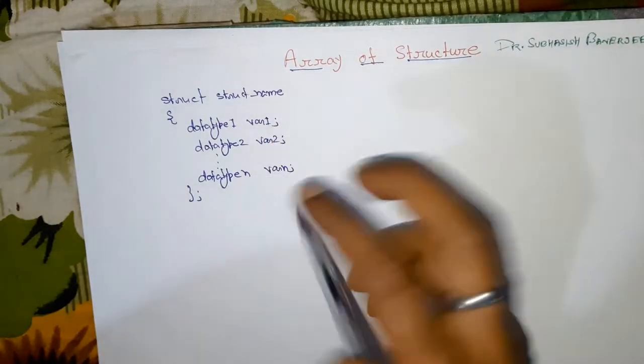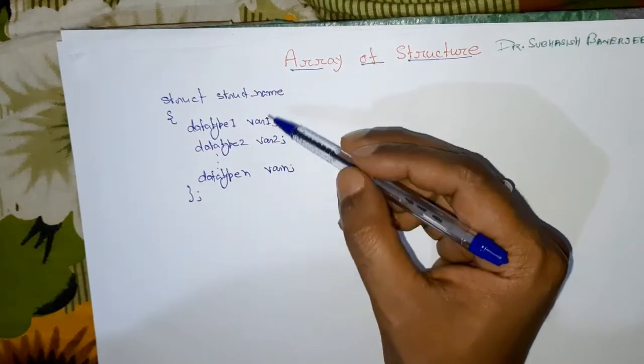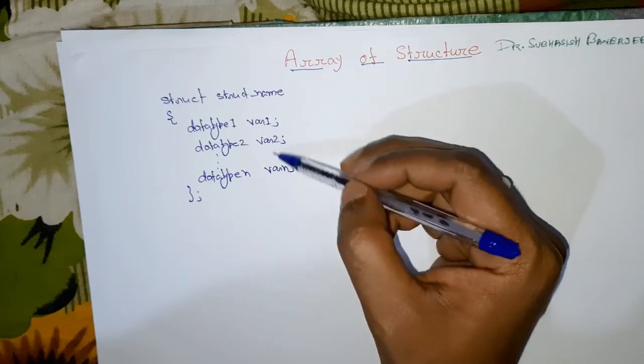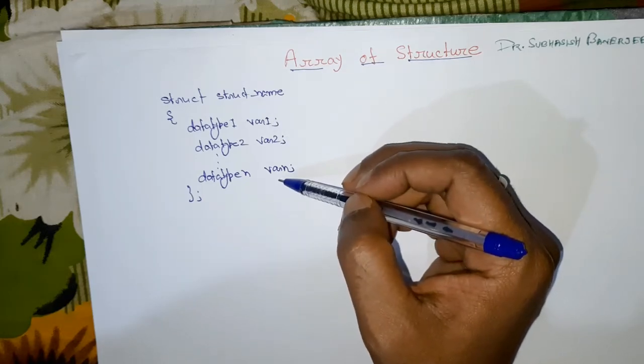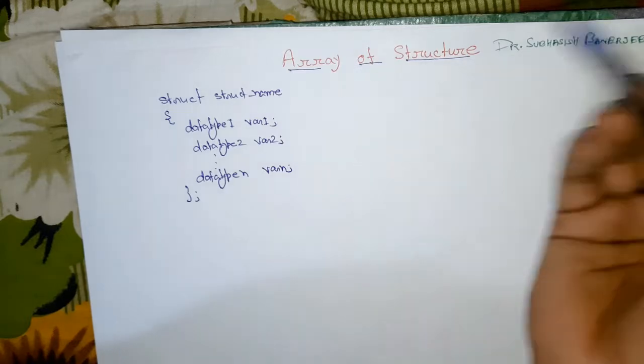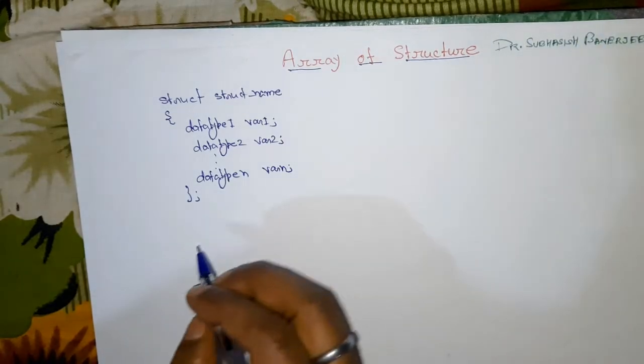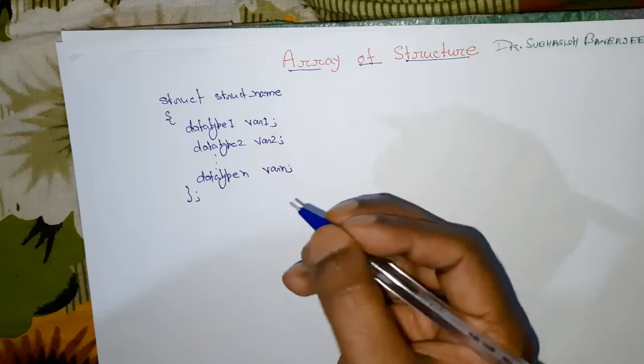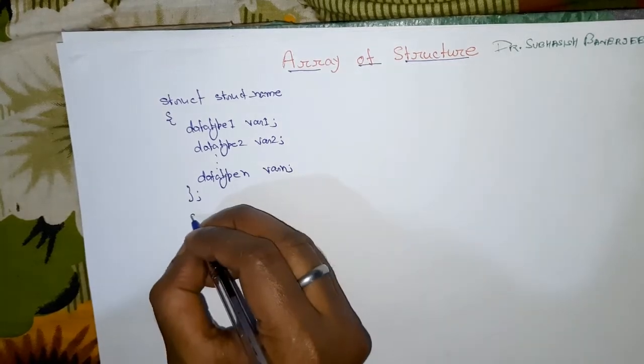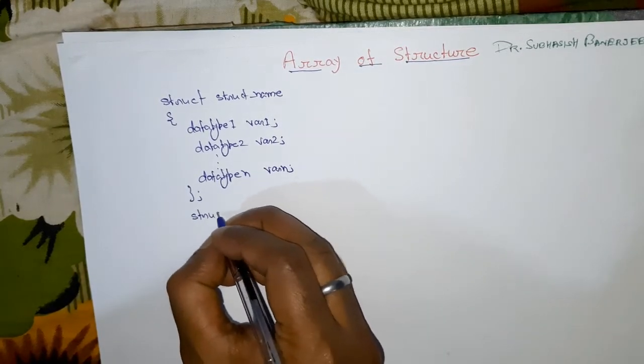Suppose we want to store these values against 1000 instances or 1000 entities. In that case, as we know, as many values as we want to store, we have to define that many variables of this structure type.